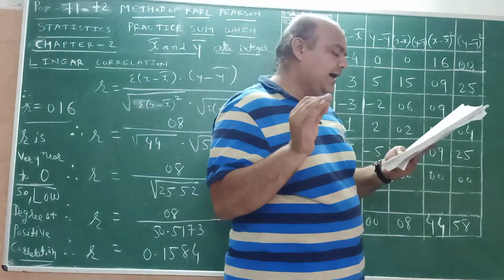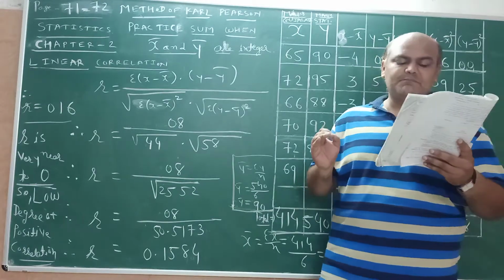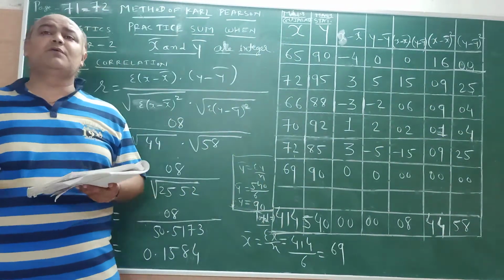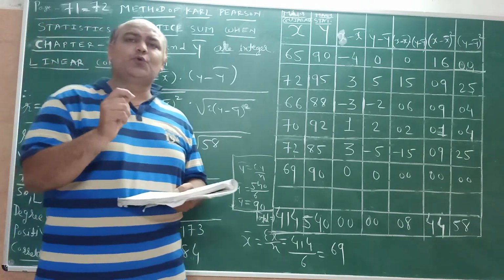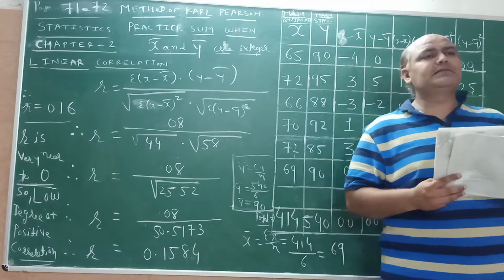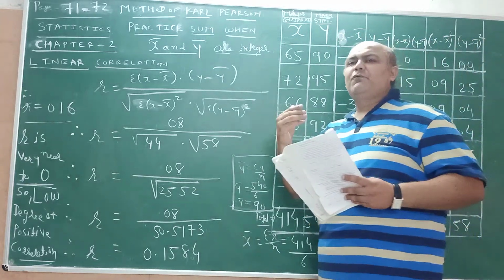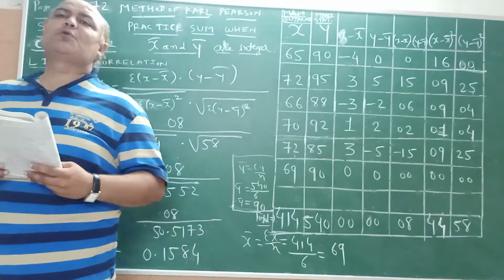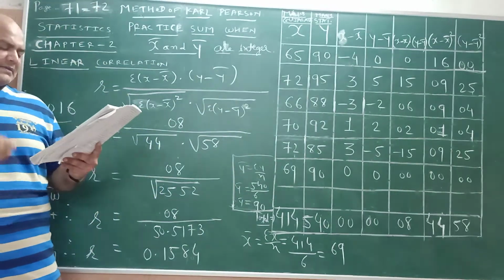The following data are collected by taking a sample of 6 students. So we clearly understand that here the value of n, number of observations, is 6. There are 6 different pairs provided in the sum.